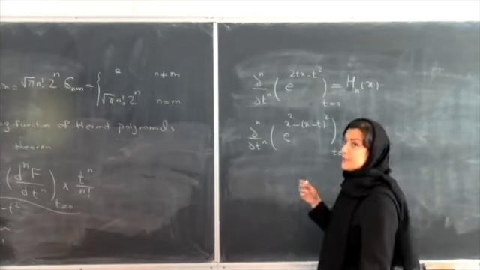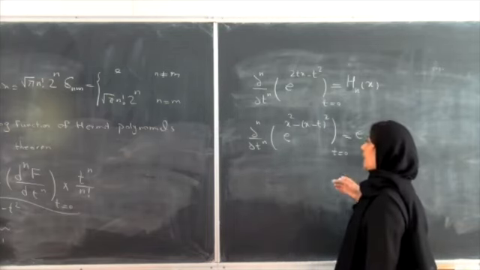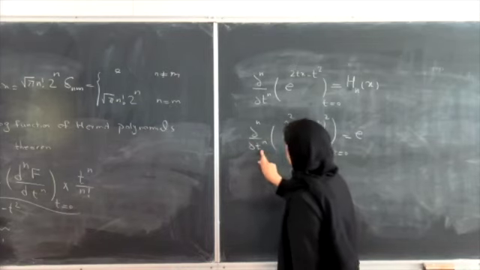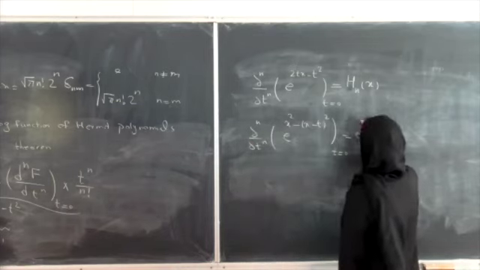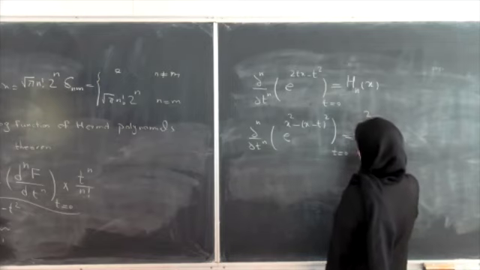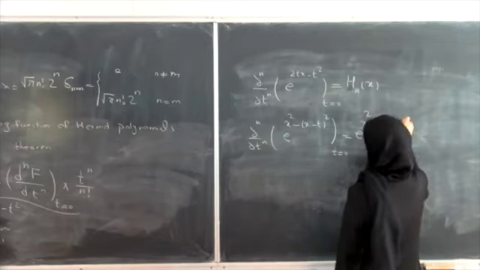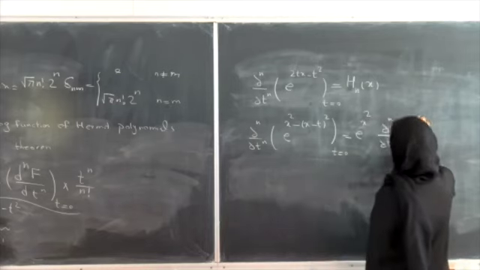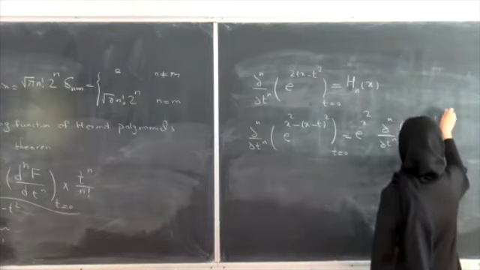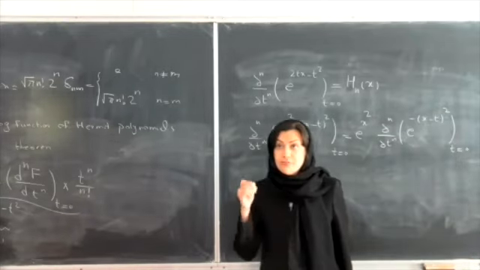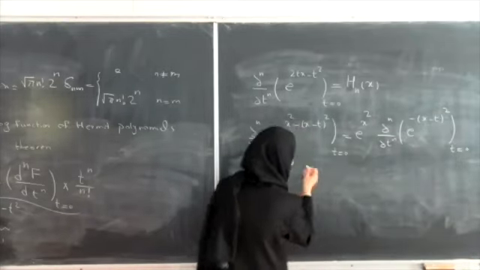We want the derivative of this function with respect to t. So here we can write e to the x² times e to the minus (x minus t)² at t equals 0. Also, we have a property here.